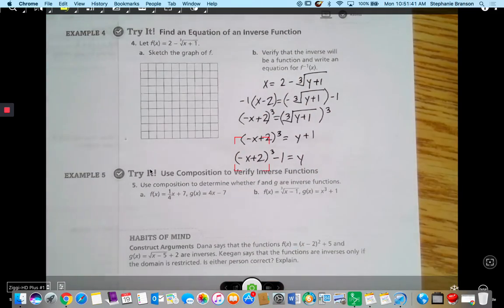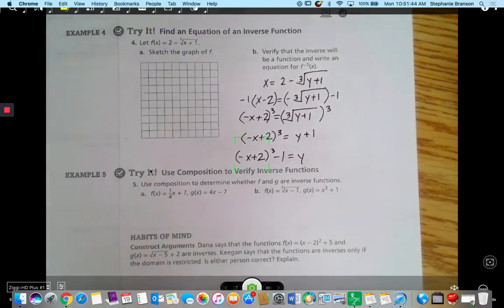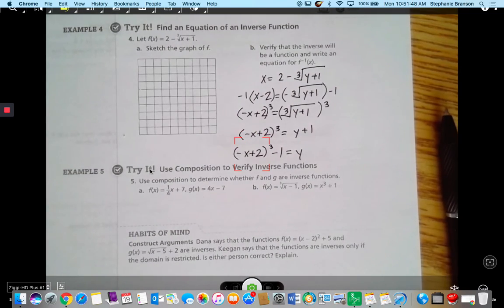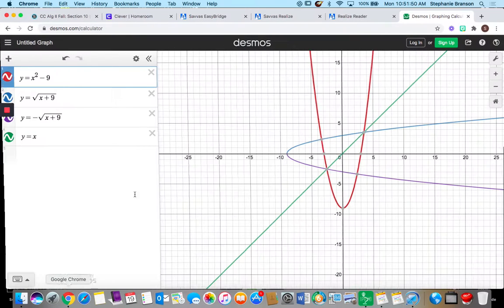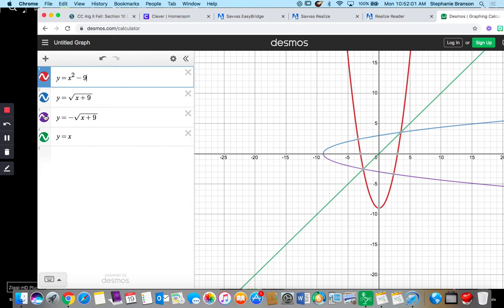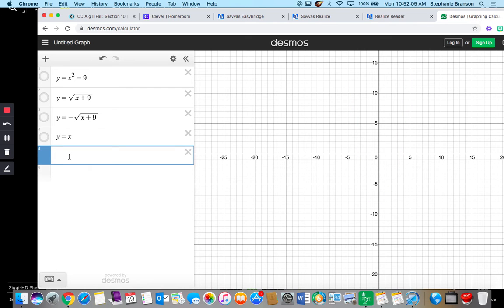They want us to verify that this will be a function before we write our little negative 1 up there with it. I'm going to come back to it in just a second, but let's verify it real quick. So we've got y is equal to negative x plus 2 cubed minus 1.